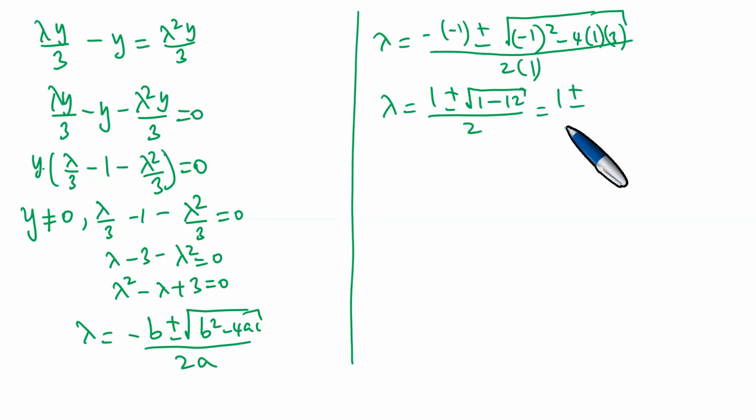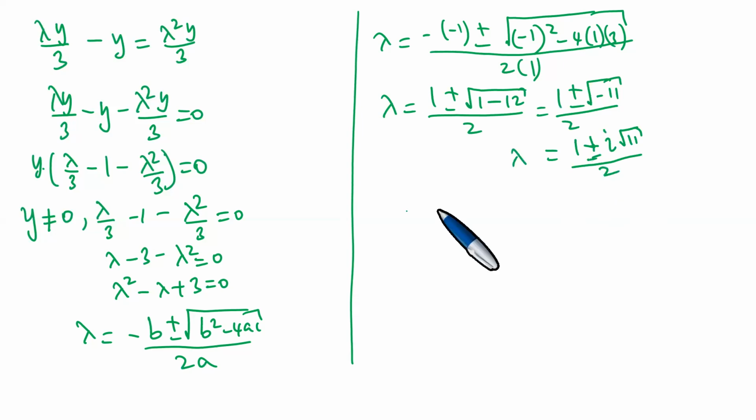So what does this give us in the end? It gives us 1 plus or minus the square root of minus 11, divided by 2. The square root of this is actually i times the square root of 11, divided by 2. So these are the values of lambda.